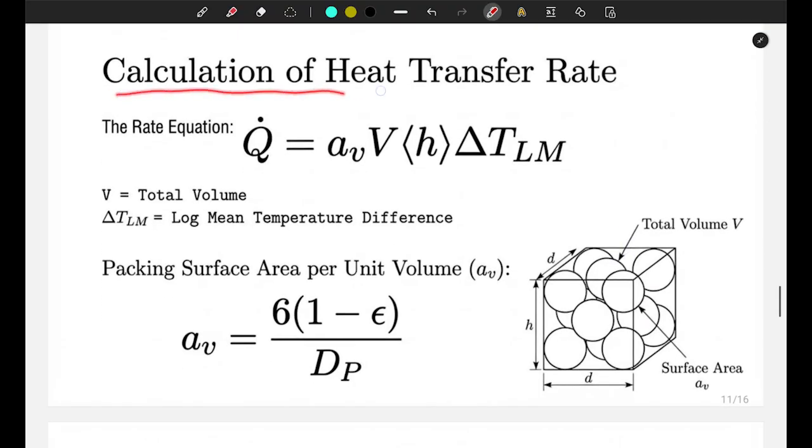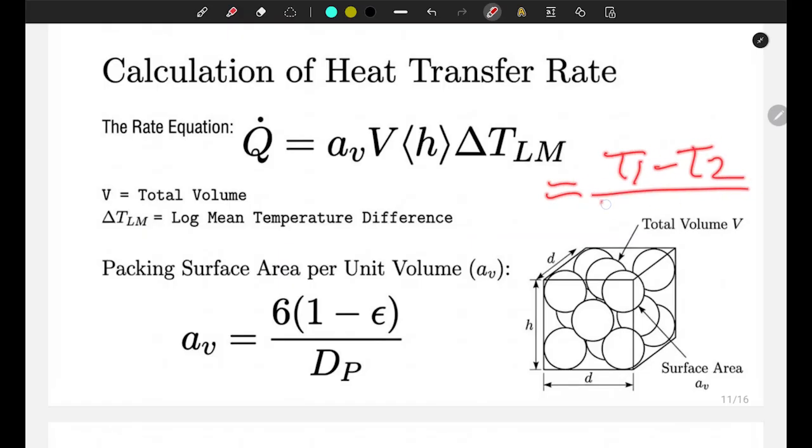Calculation of heat transfer rate. The equation for heat transfer rate is a_v, V, overall heat transfer coefficient, and log mean temperature difference. For the log mean temperature difference, we use the formula (T1 minus T2) upon ln(T1 over T2).